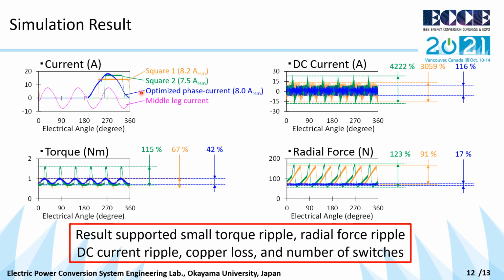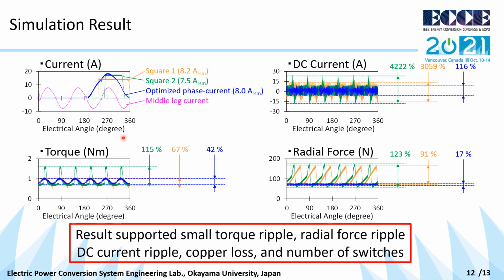As for the phase current waveforms, certainly the root mean square value of the blue waveform is larger than that of the green waveforms, but it is smaller than that of the orange waveform. This result implies that the optimized phase current waveform achieved small copper loss, like the square phase current waveform.